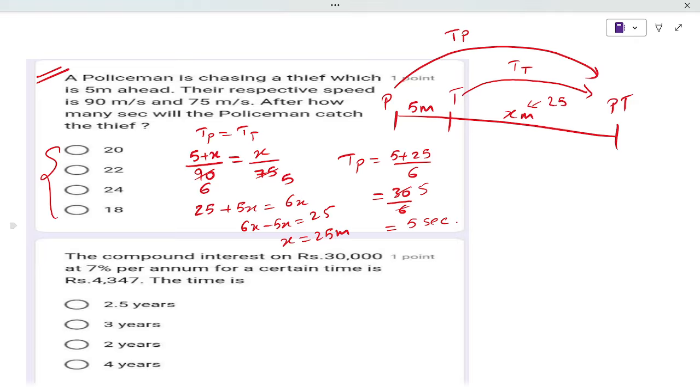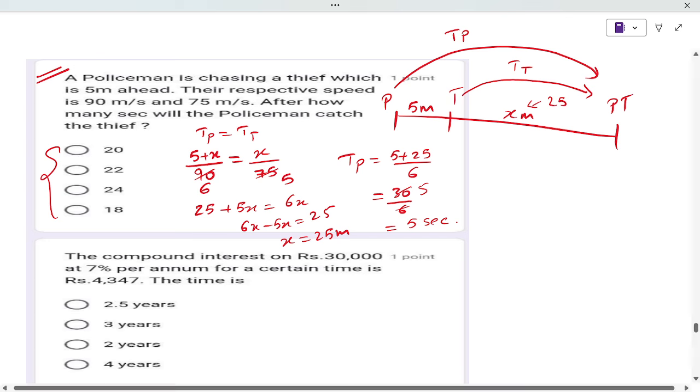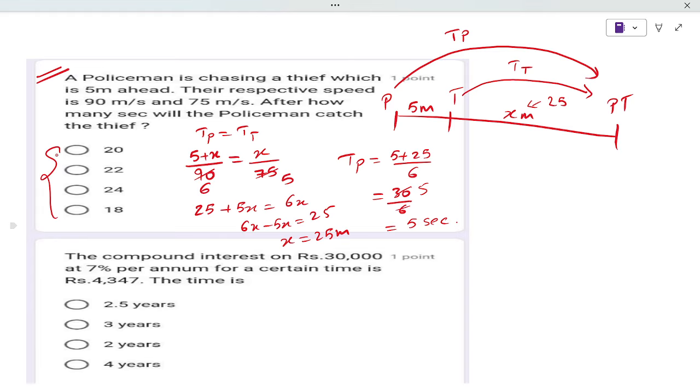Time of the policeman: distance is 5 plus x, thief will be x, speeds 90 and 75, 15, 6 times, 5 times. 25, 5x, 6x. Then we get x equal to 25, 25 plus x. Yeah, that's the answer. So the correct option is D.